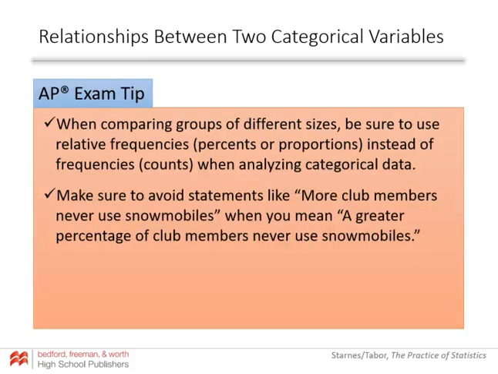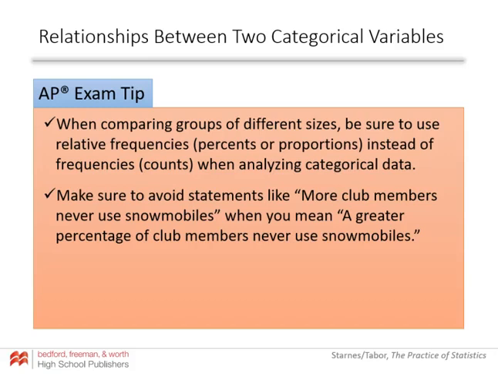Some things for you to keep in mind when answering free response questions, especially for the AP exam. Percents, those relative frequencies, are going to be safer to use than counts because if our groups are different sizes, then those numbers don't match up. If I have a group of 15 and I say 5 out of 15, and you have a group of 1,500 and say 10 out of 1,500, those are very different things.